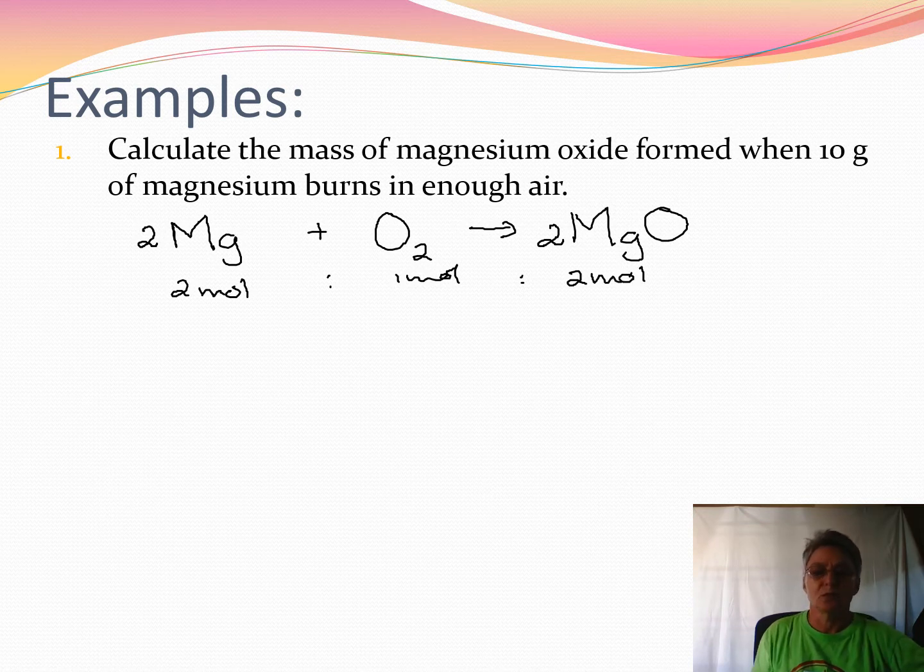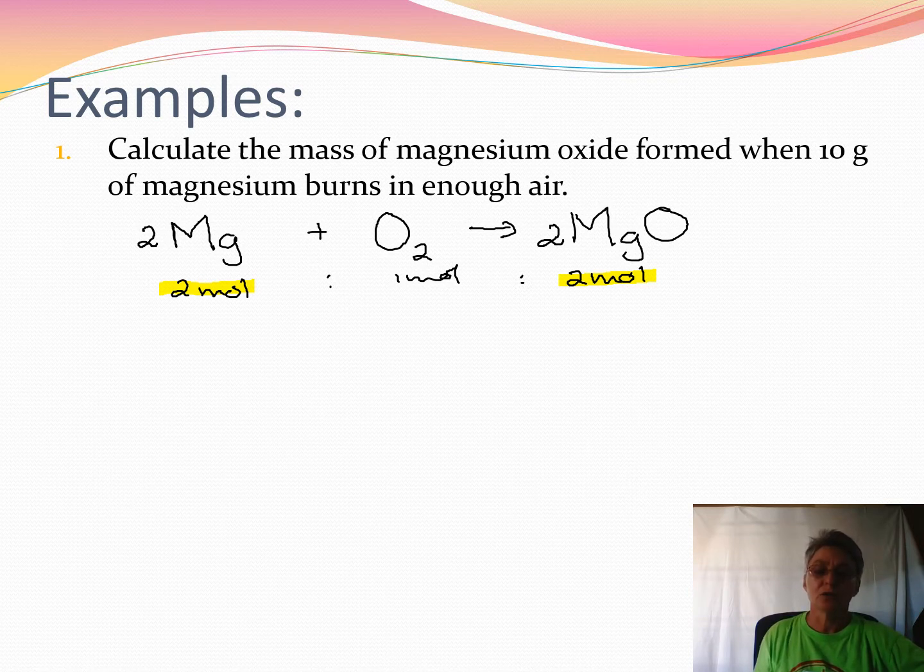And of importance in this question is that they've given us the mass of magnesium, and they want the mass of magnesium oxide formed. So the ratio is 2 to 2, which is the same as 1 to 1.